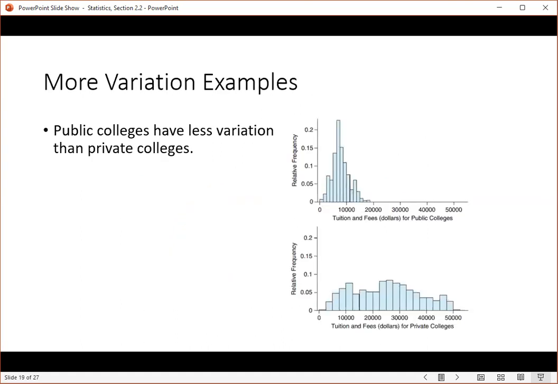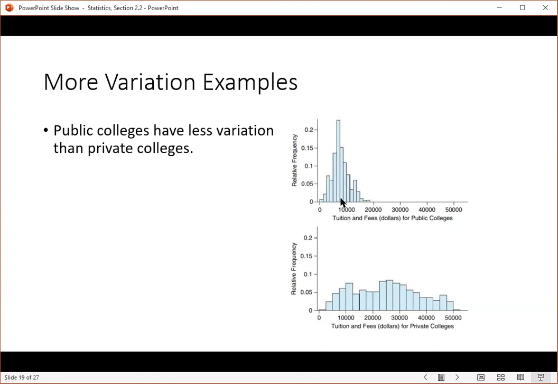All right, we can look at another example here: public colleges versus private colleges. Public colleges tend to be less expensive. You rarely have public colleges that cost a great deal of money, and because of that, there's kind of a restriction on how expensive public colleges can be, which forces them to have smaller variation.